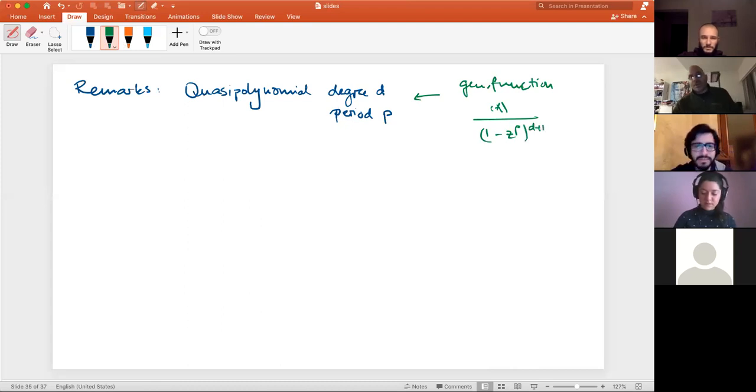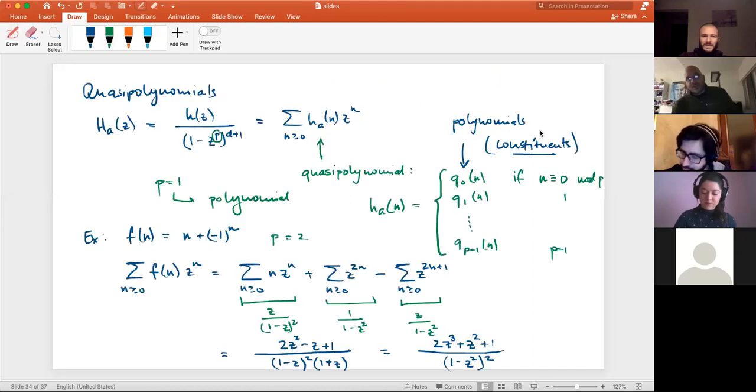Degree is the right term here because these polynomials over here will have degree less than or equal to d, and at least one of them has to have degree d, I claim. And the period p just means this is how you cycle. So these are good names.